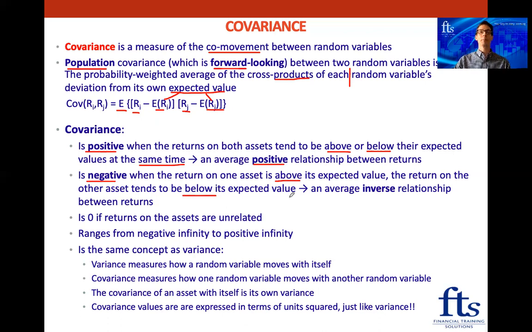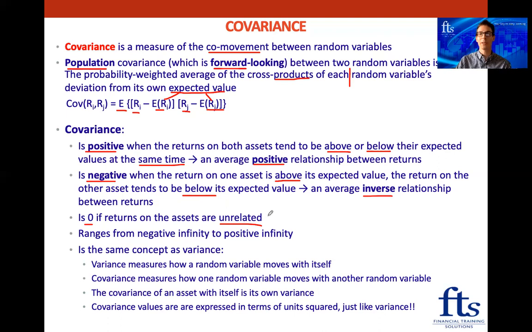So for example, if the return on asset I is above its expected value, when the return on asset J is below its expected value, then we have negative covariance, and then we've got an average inverse relationship between the returns. And covariance, it is 0 if the returns of the assets are unrelated. Now, at this point, I also want to come back to, it's not going to be in the next example, but in a few slides' time.